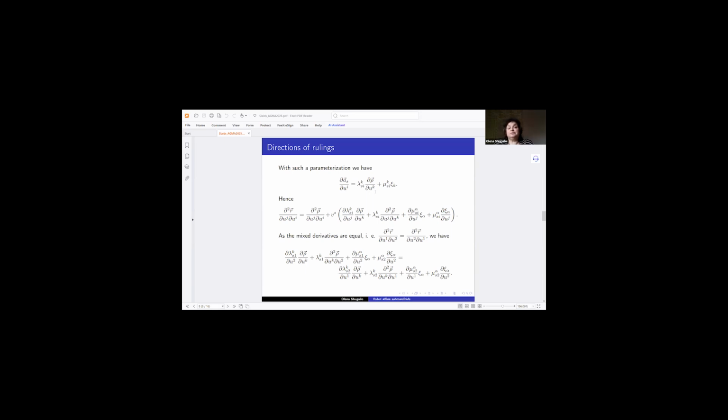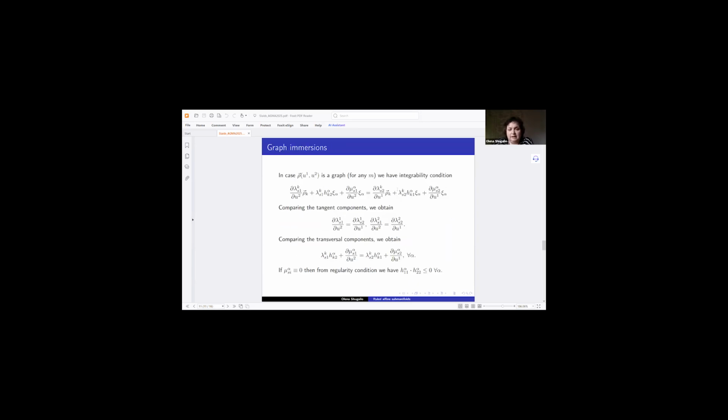If, for example, we take all functions lambda to be zero, then the regularity condition is fulfilled, and then we have projections on the transversal space, and the kernel of the affine fundamental form of such an immersion will be less than n minus 2, maybe even non-degenerate.